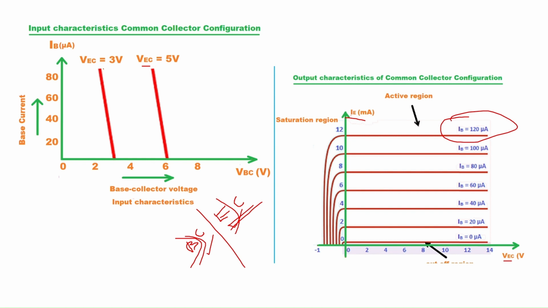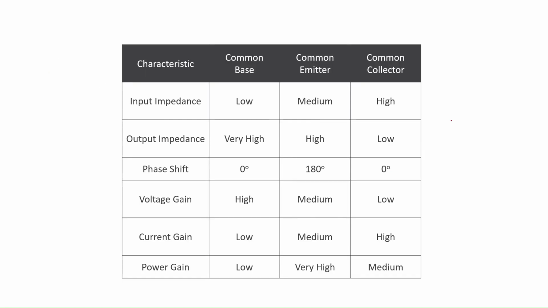Each of these configuration, common base, common collector and common emitter, has a specific application according to their characteristics. This is the comparison between the common base, common emitter and common collector. The first parameter is input impedance.